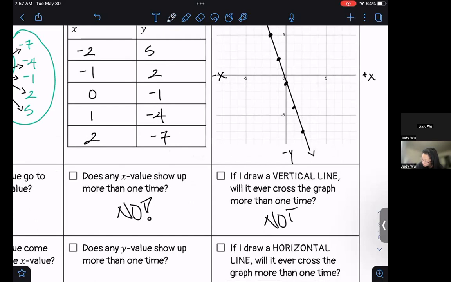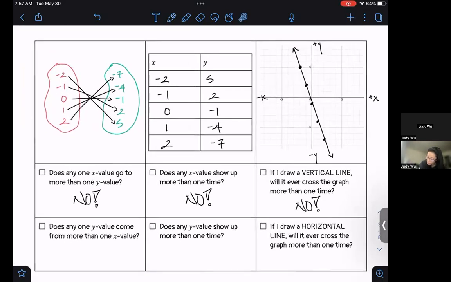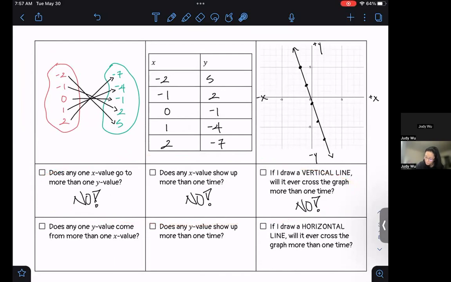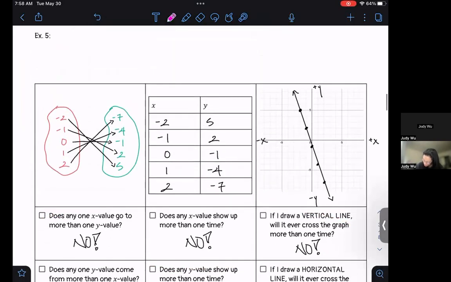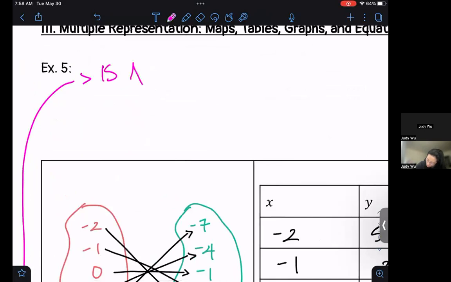The answer is no. And if all three of these first set of questions are no, that means that we have a function. So let me make a note for us. We'll squeeze this up here. This is a function.